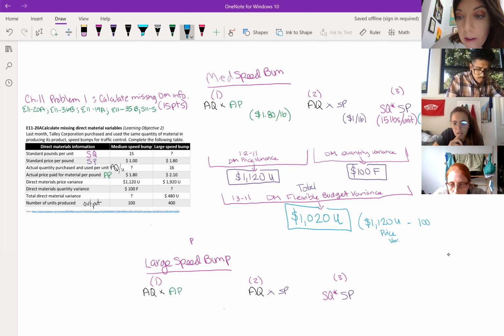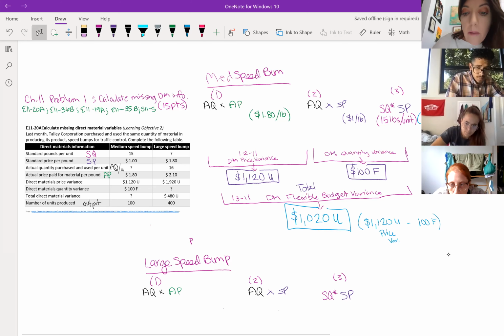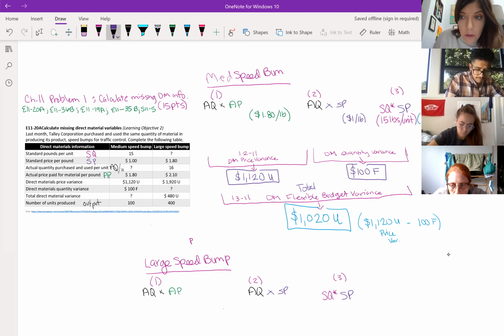So we're going to net it. And that's how we come up with that direct materials budget variance, right? Let's figure out this information first over here because we have it.